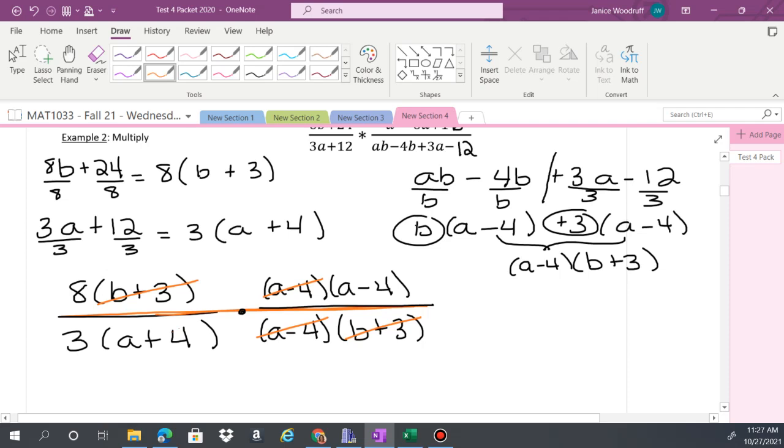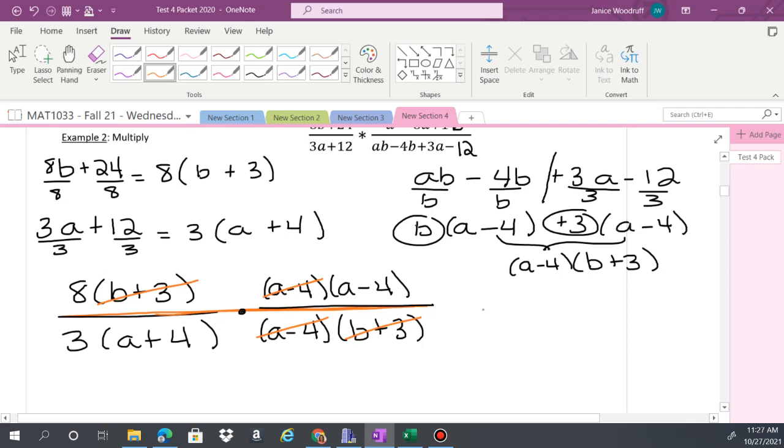I have an A minus 4 and an A plus 4 there. Can't do anything with those because they're different signs. It would work if you multiplied them, but we're not multiplying them, we're dividing them, okay? So I could try and pull a -1 out possibly, but because the signs are different, they're completely different, okay? So they're not going to divide.